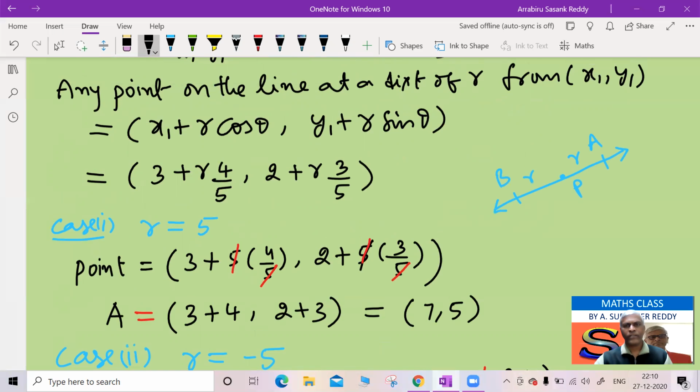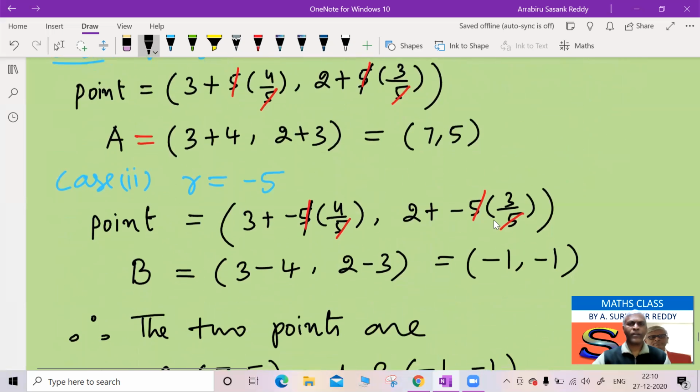So you can see the figure. P is the given point 3 comma 2, and you can find A and B on the same line which are at a distance of 5 units.